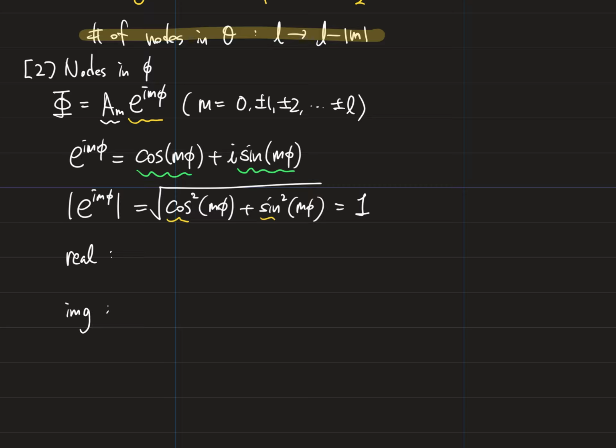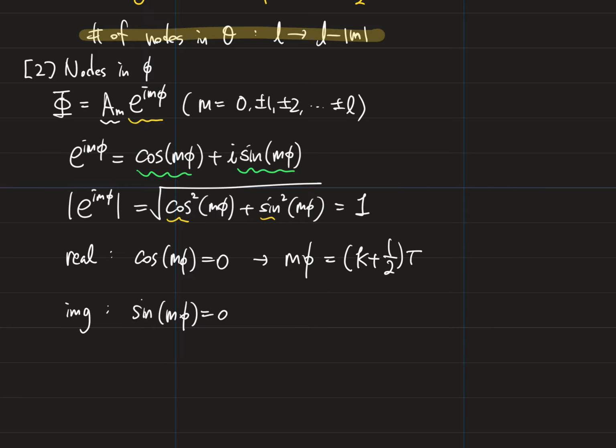So for the real part to be 0, cosine mP should be 0, and for the imaginary part to be 0, the sine function should be 0. This means that the argument of the cosine function, mP, should correspond to k plus a half multiplied by pi, right?